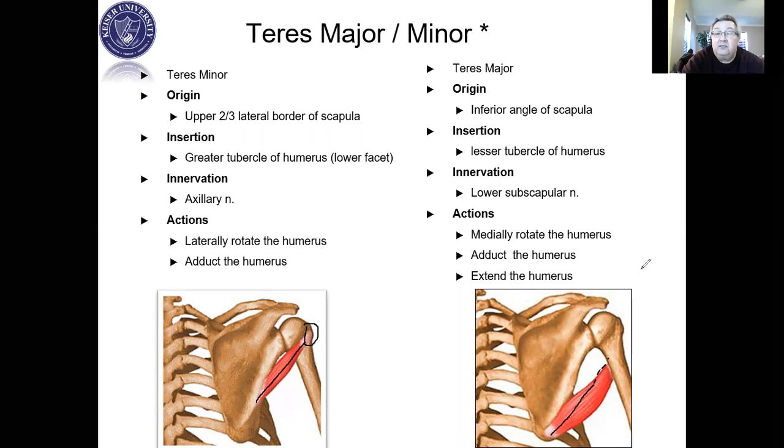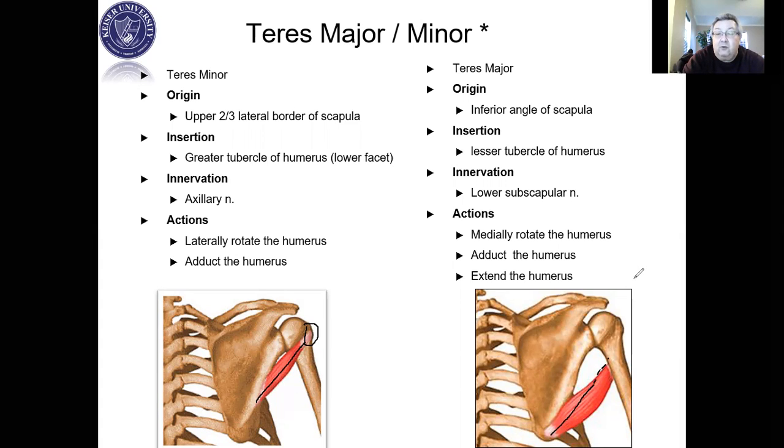Teres major, its nerve is the lower subscapular nerve. So we have subscapularis and teres major that have that subscapular nerve innervation.